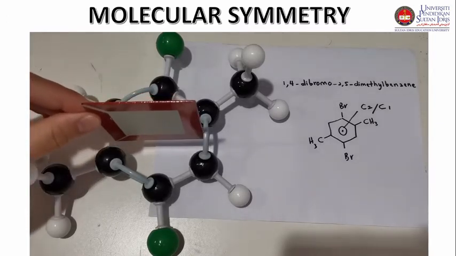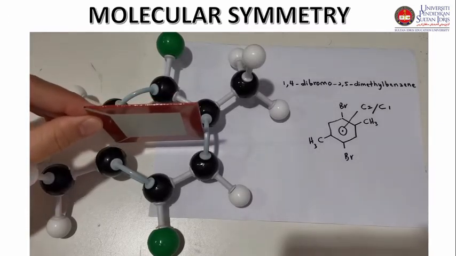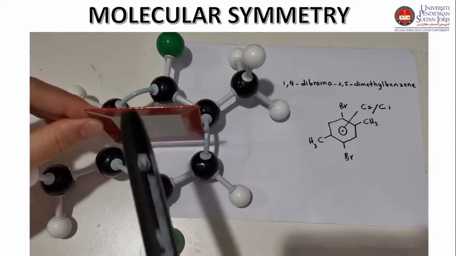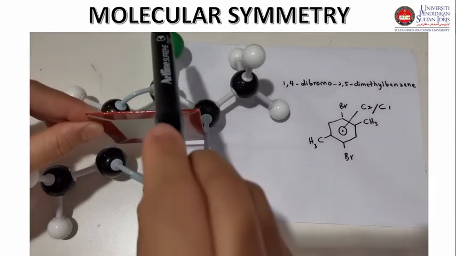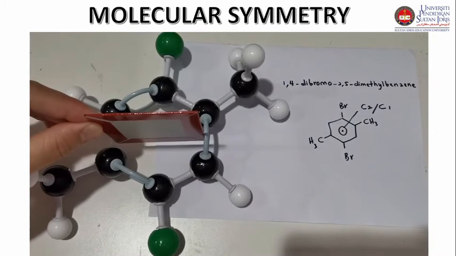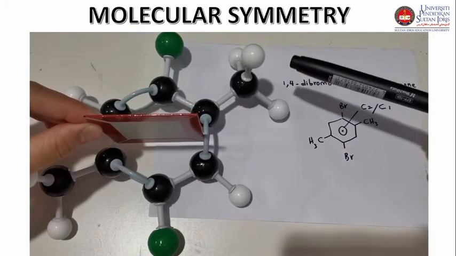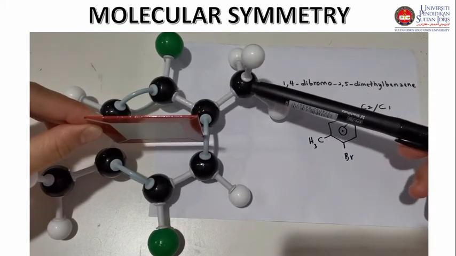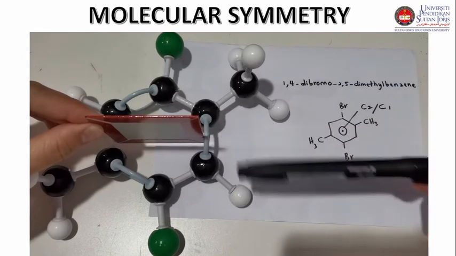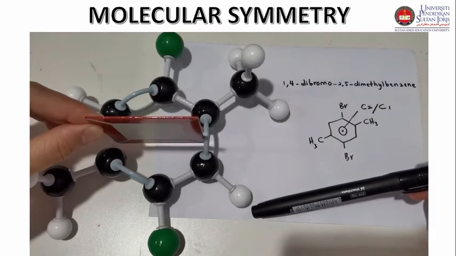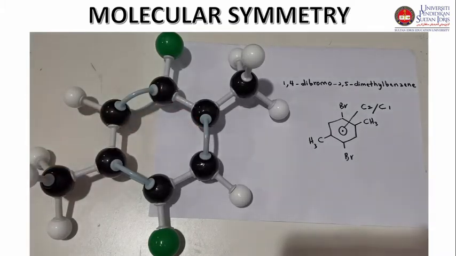Check along this axis: both bromine atoms reflect into each other through this plane, but the methyl group and hydrogen atom do not give an equivalent configuration, so this plane also does not exist in this molecule.